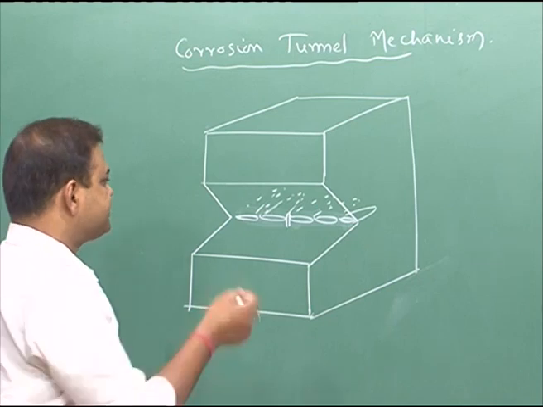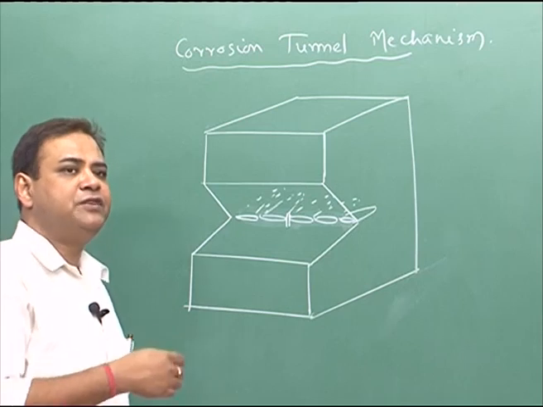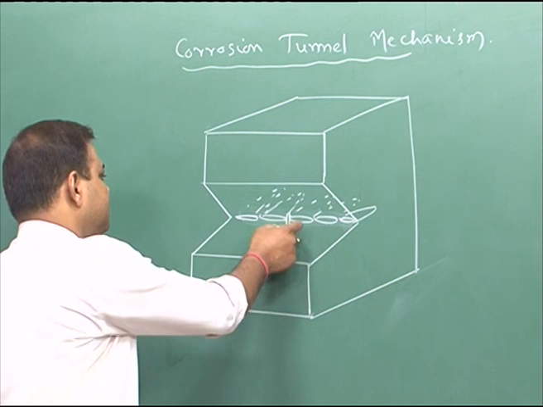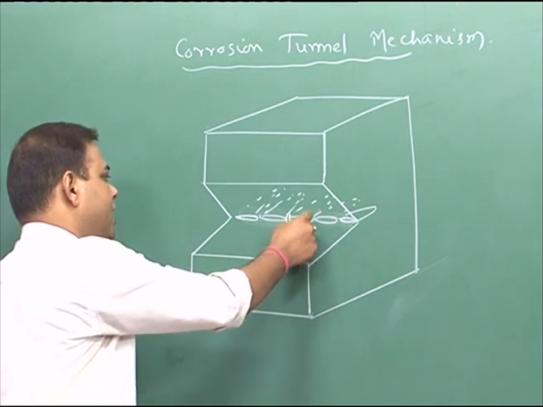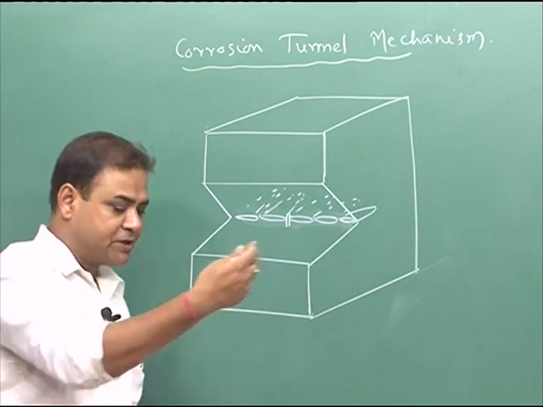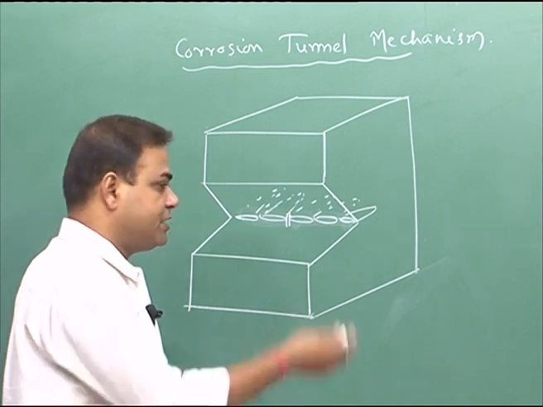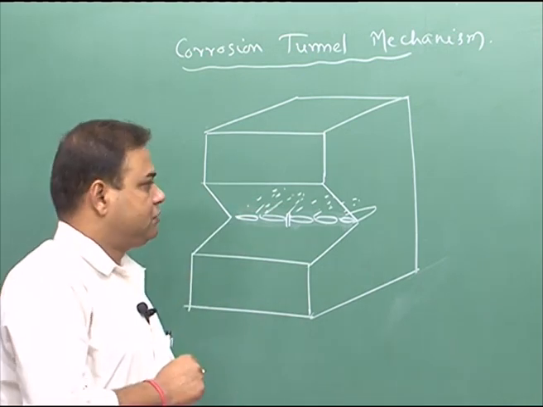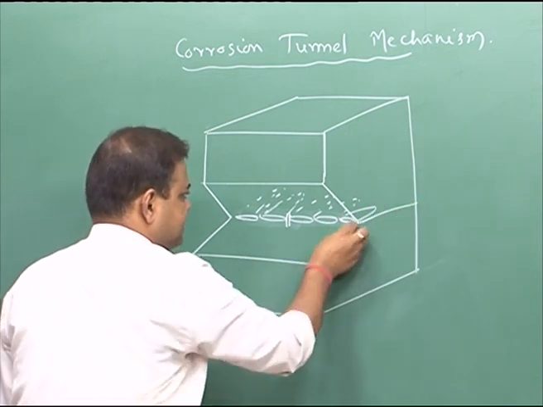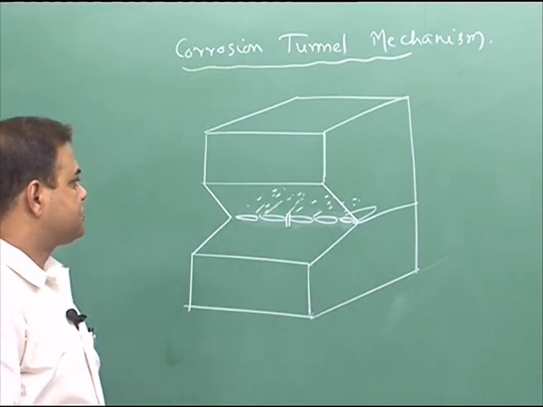In the modified version, initially it was tunnel, and then it converted to slots, and all those small slits become of the range of atomic dimension, and then there you have very good surface matching on the fracture surface. Let us say this is the fracture surface, and you have very good surface matching, which is the characteristic of stress corrosion cracking.